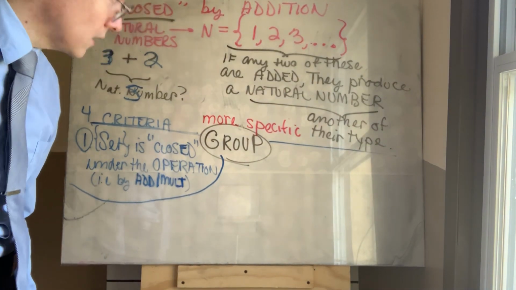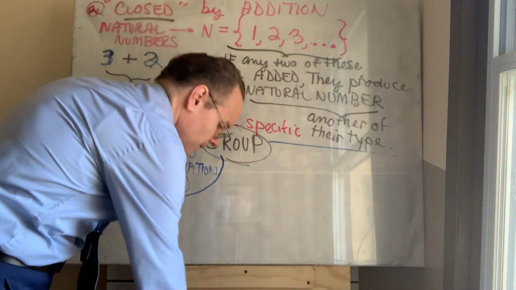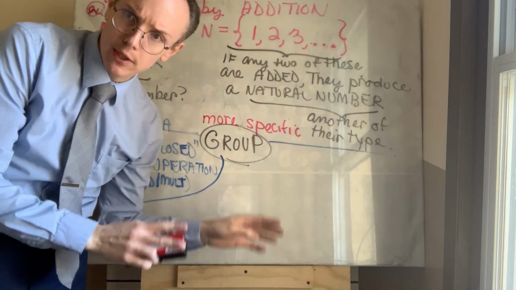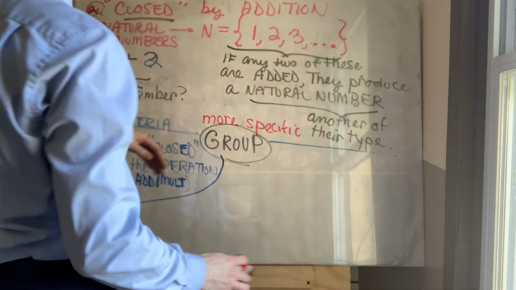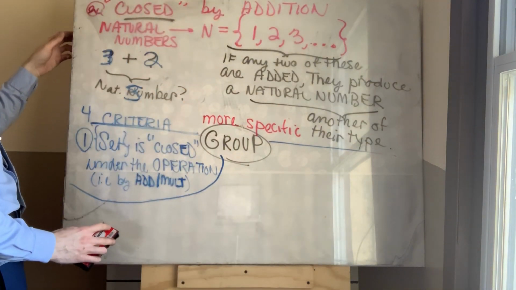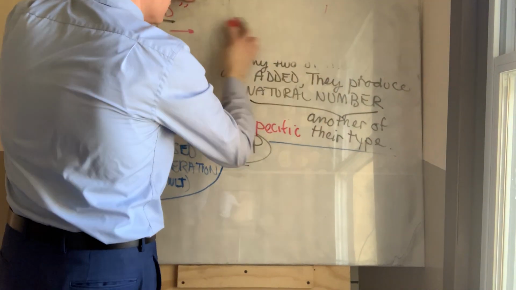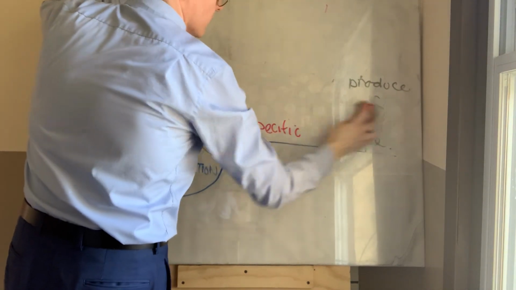Okay. As a side note, addition and multiplication are referred to as binary operations. I'm a little short on real estate here, so I'm going to just draw something over here. This is a reference.